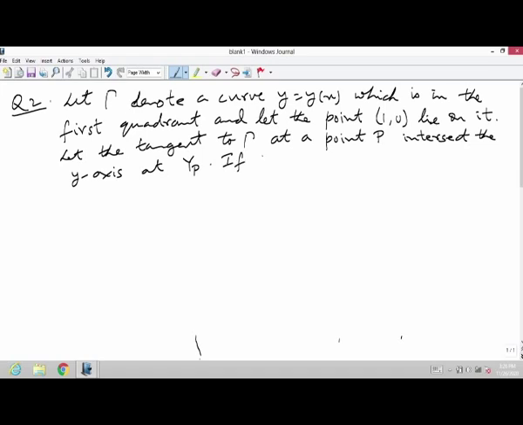If P Y_P has length 1 for each point P on gamma, then which of the following options is or are correct?